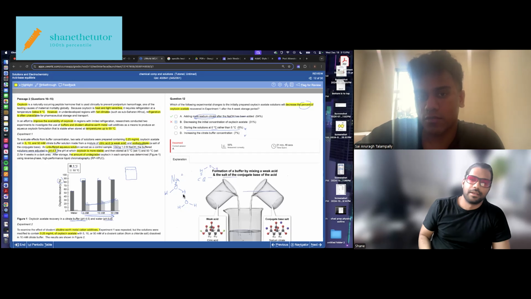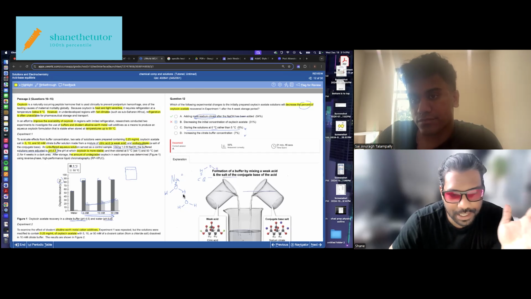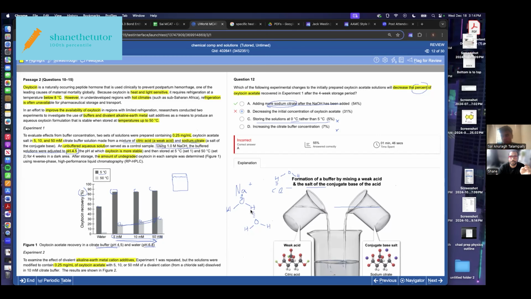Okay, cool. And then freezing point depression. The unique thing about water is, so you know how water, what's unique about water freezing?